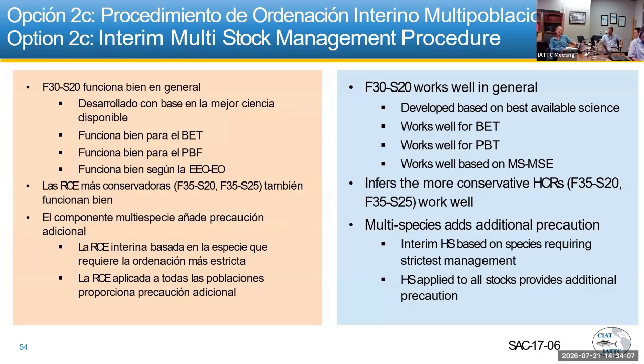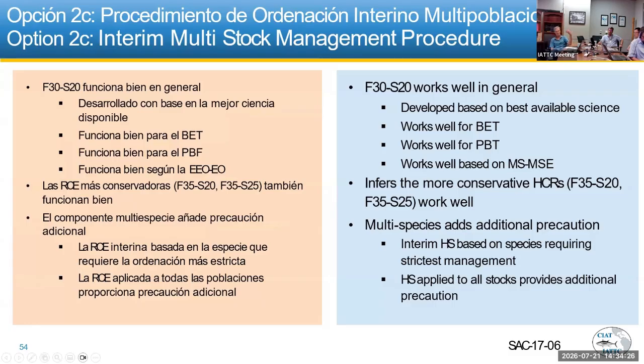So that's the concept in terms of what we're thinking about in determining how fast to get to an elimination of the closure. Now, in terms of making this a multi-stock management procedure.